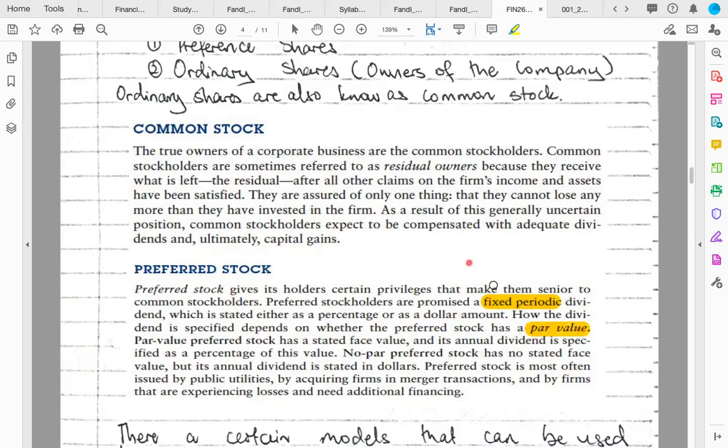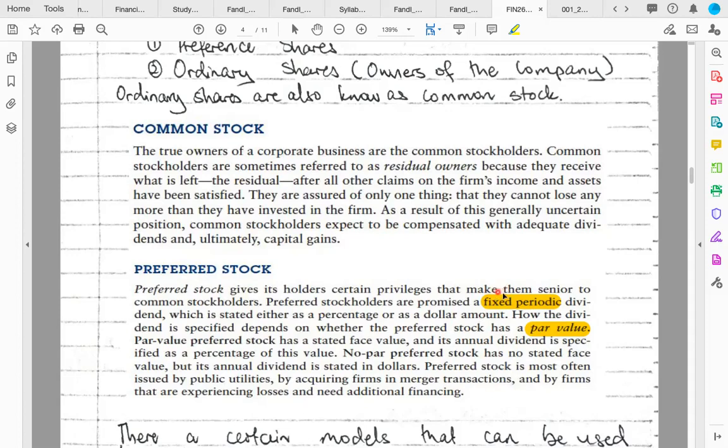So a preference share is a special type of share in which the preference shareholders will receive a fixed dividend, regardless of whether the company is making profits or not. There are different types of preference shares, but we won't go deep into distinguishing between them.